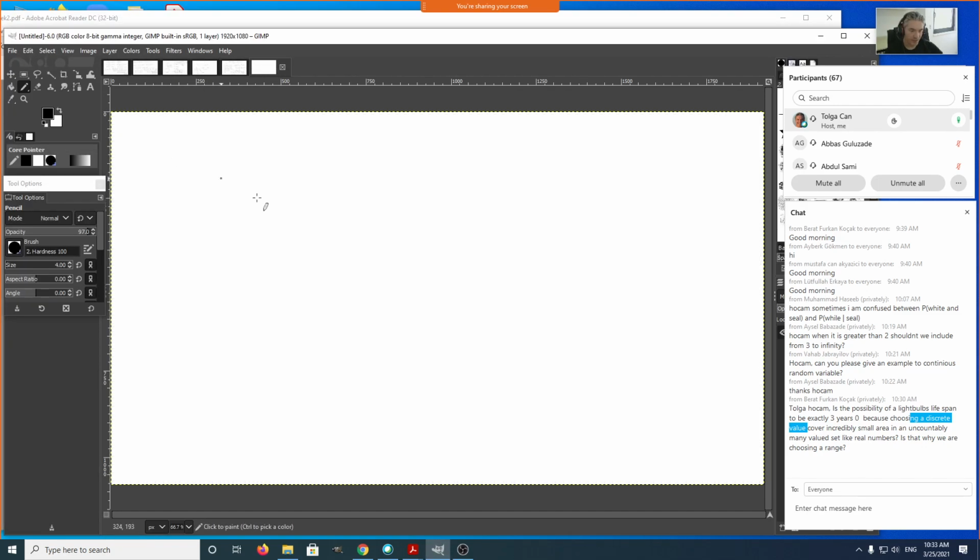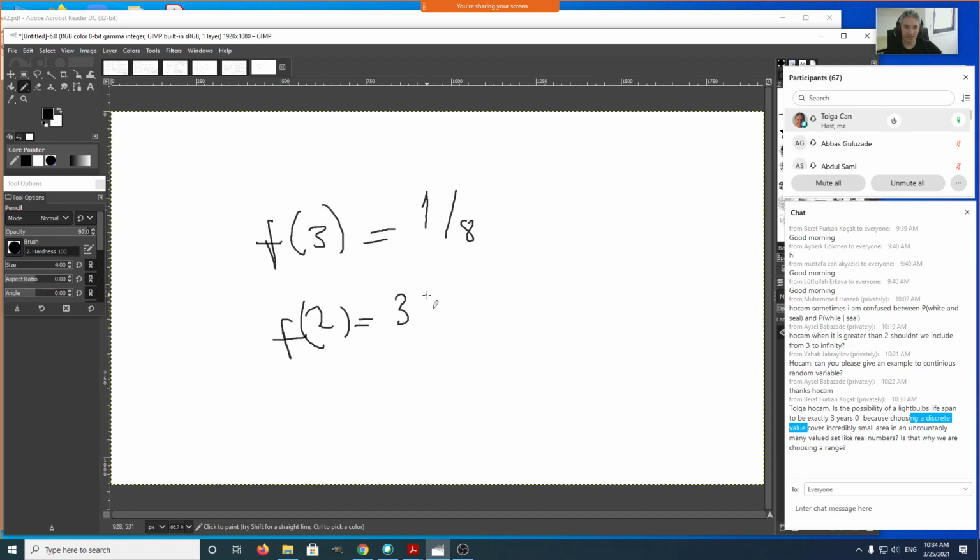So it's like what we will be asking things like this. And after that, I'm going to have a break. For example, what is f3? In the case of these 3 coin tosses, f3 is going to be 1 over 8. What is f2? It's going to be 3 over 8. What is f1? It's also going to be 3 over 8. What is f0?